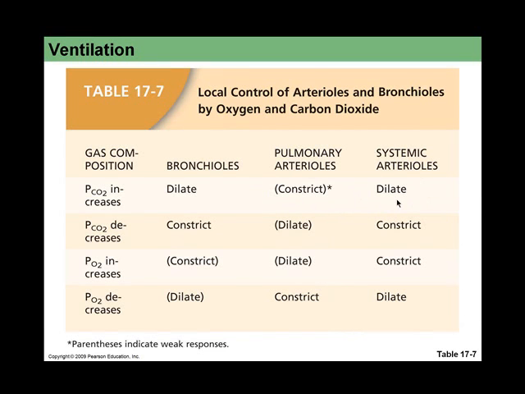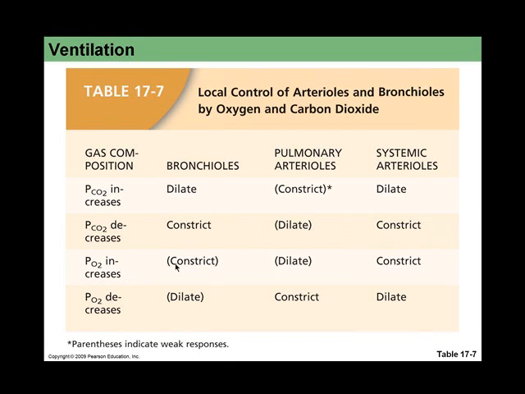The systemic arterioles will dilate. When the PCO2 decreases, you're going to get a constriction, and the pulmonary arterioles are not playing a big role in what's going on here, and the systemic arterioles will constrict. So these are systemic responses to the blood PCO2.